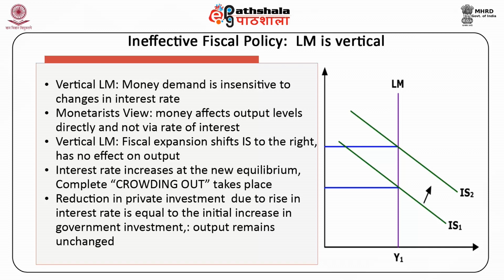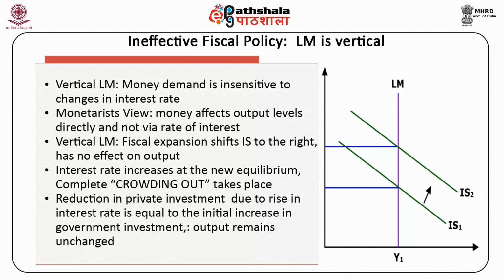With a vertical LM curve, a fiscal expansion that shifts the IS curve from IS1 to IS2 has no impact on output. Only the interest rate increases in this case, and at the new equilibrium, complete crowding out takes place.